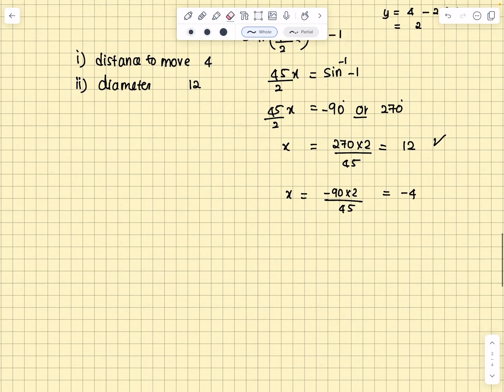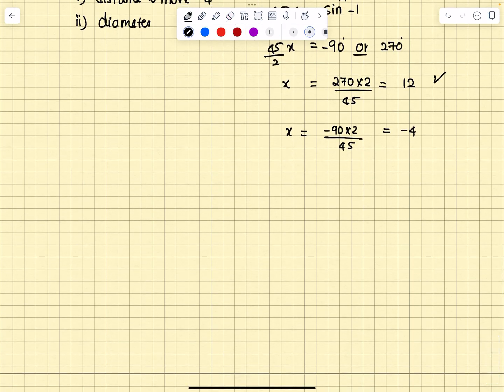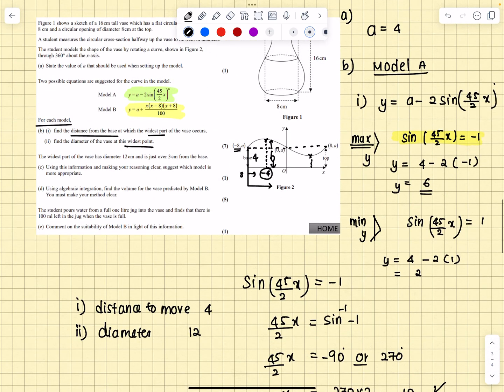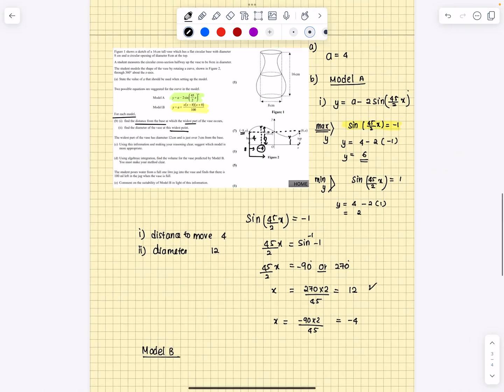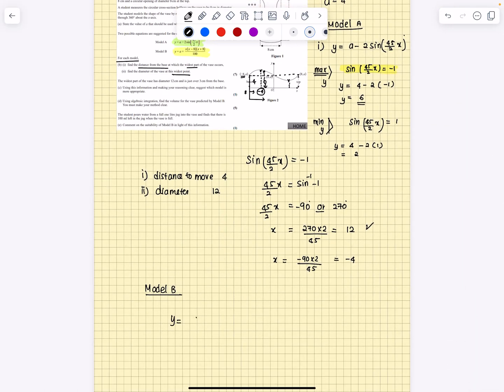For model B. Model B is a simple algebraic model. To find the maximum or minimum, I can either complete the square if it's a quadratic. If it's not a quadratic, you have to differentiate. So y equals 4 plus x times x minus 8, x plus 8 over 100.